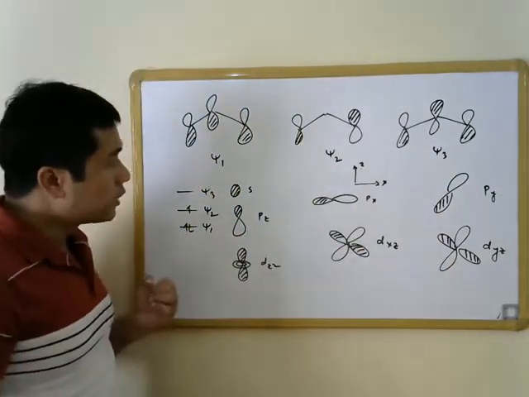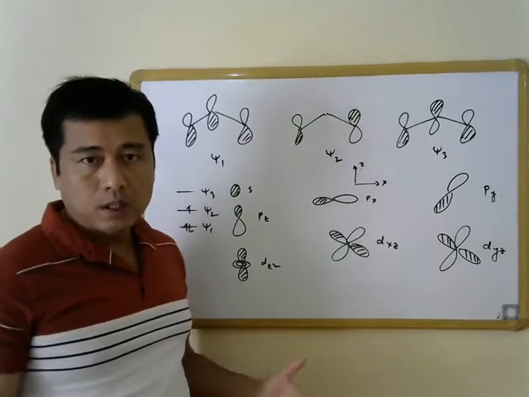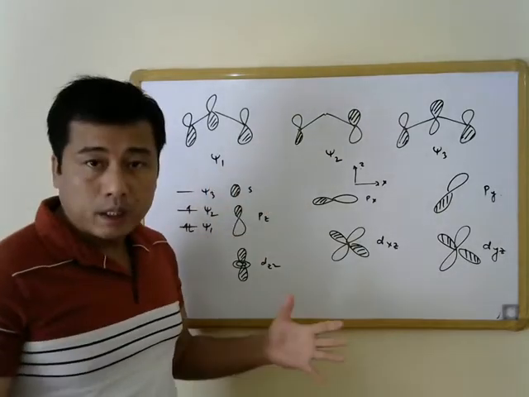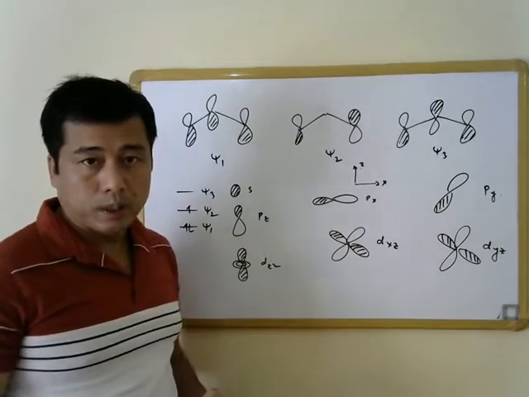Now, during the formation of these metal allyl complexes, all three molecular orbitals are going to interact with different metal orbitals.